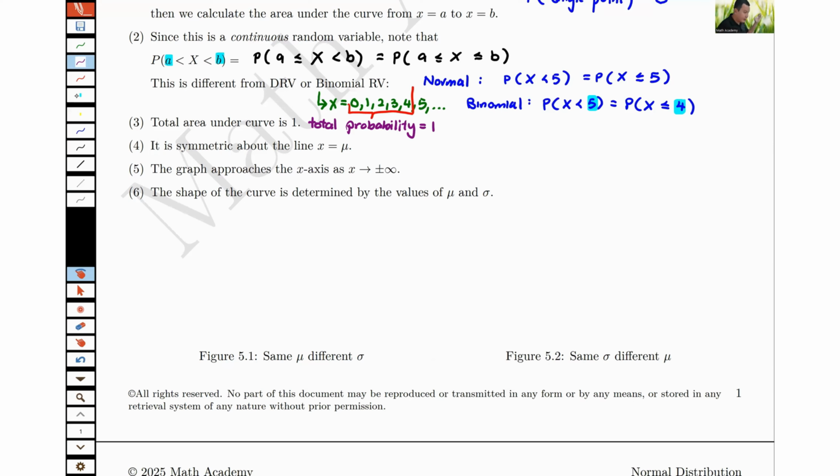You always get a symmetrical curve about the middle, and it will approach the x-axis on the extreme ends, at left and right infinity. This can be thought of as the x-axis being an asymptote. You will get closer and closer to it at the ends.